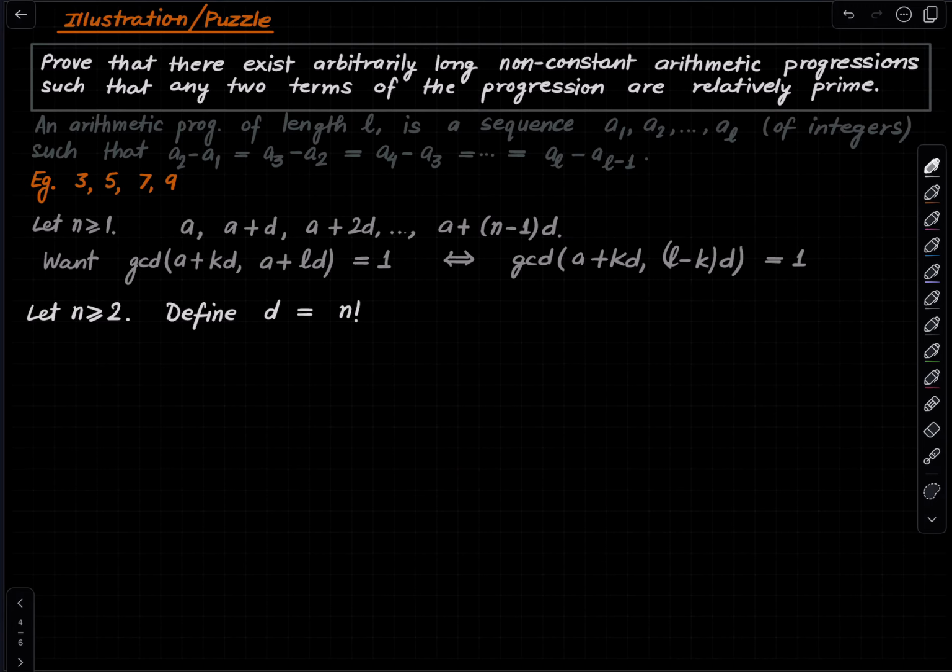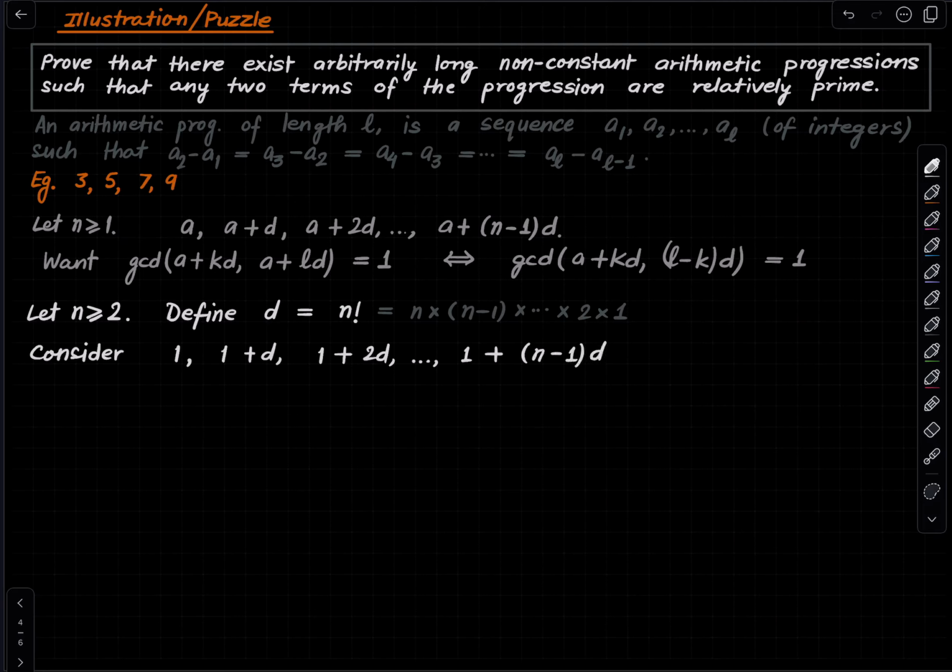What is n factorial? Remember, n factorial is n times n minus 1, and so on. Correct? And now the progression is, so consider the numbers 1, 1 plus d, 1 plus 2d, up to 1 plus n minus 1 times d.